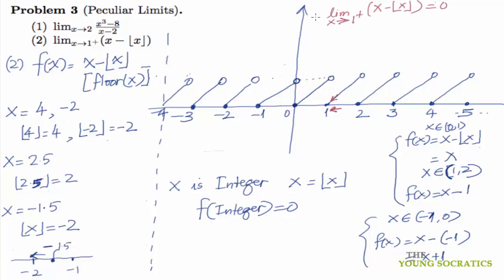If we want to be a little bit rigorous, then this will be equal to the limit of h tending to 0 of 1 plus h minus floor of 1 plus h, and the greatest integer less than or equal to 1 plus h is 1, so the limit of h tending to 0 of 1 plus h minus 1 is h, which is 0.